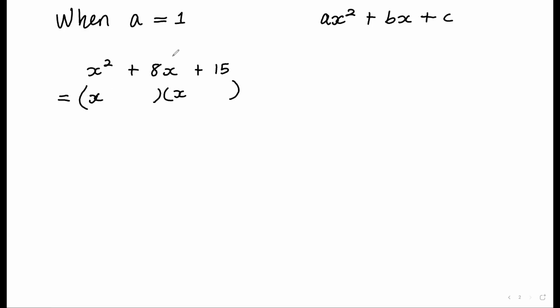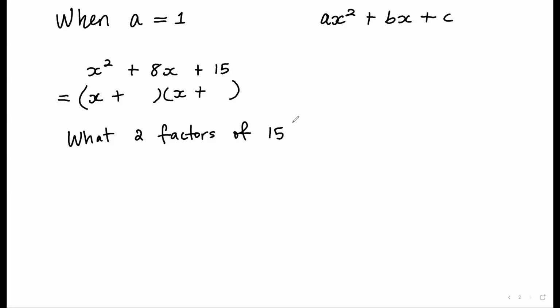So it's x squared plus 8x plus 15, so you're going to have pluses here as well, right? Now, what you need to ask yourself is, what two numbers, I should say, is the question. What two factors, because they have to be factors, of c, in this case, c is 15.